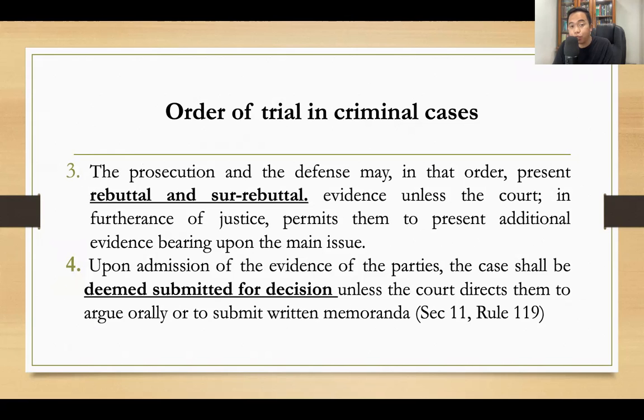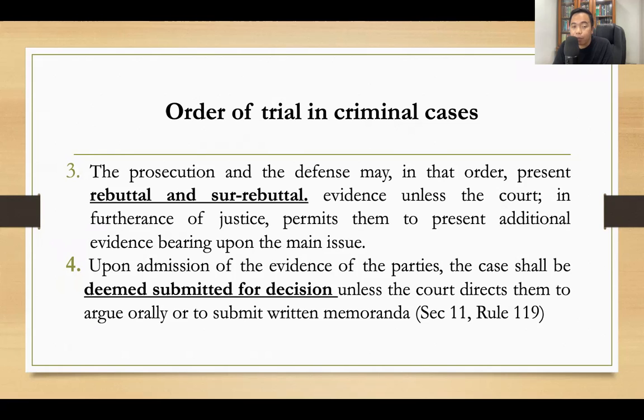Now, after the prosecution and the defense presented their evidence, then they can present rebuttal and sur-rebuttal evidence, unless the court, in furtherance of justice, permits them to present additional evidence bearing upon the main issue. This is only optional on the part of the parties.